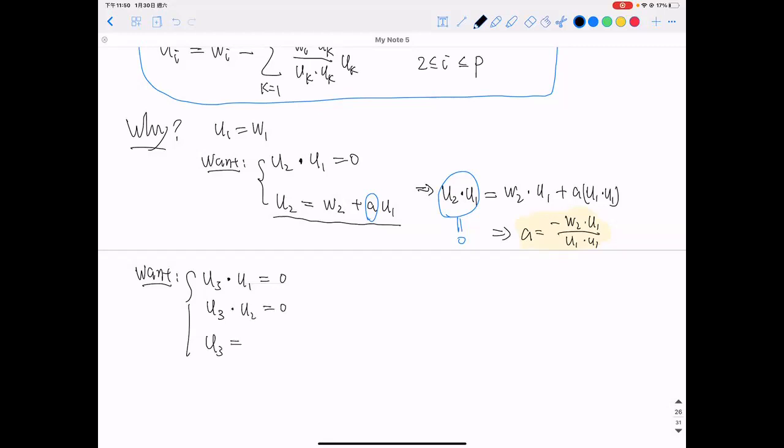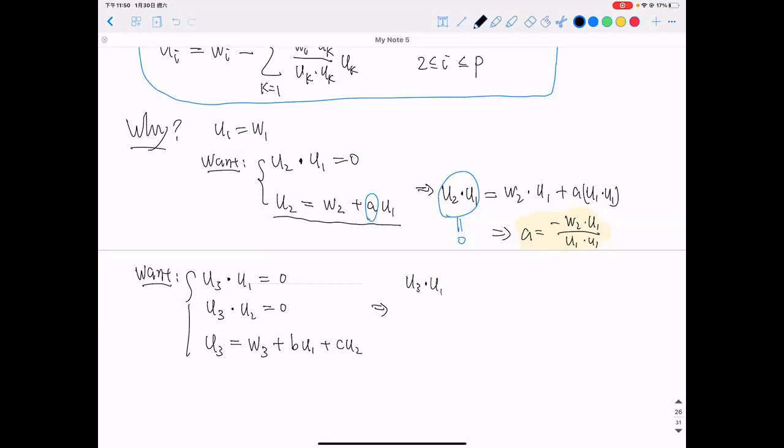And I have to build U3 from somewhere, so I want it to start from W3. So we would like to have U3 of the form W3 plus some combination of U1 and U2. And then we can impose the condition that U3 is orthogonal to both U1 and U2.